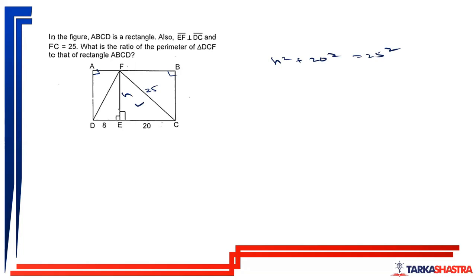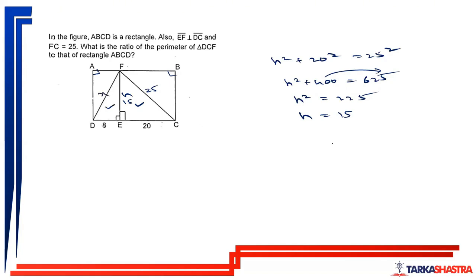H square plus 20 square is equal to 25 square, which is the sum of the squares of two sides equal to the hypotenuse square. So h square plus 400 is equal to 625, which gives h square is equal to 225. H is equal to 15. Now that h is equal to 15, if this is 15, this is 8. This will be, let us say, x.